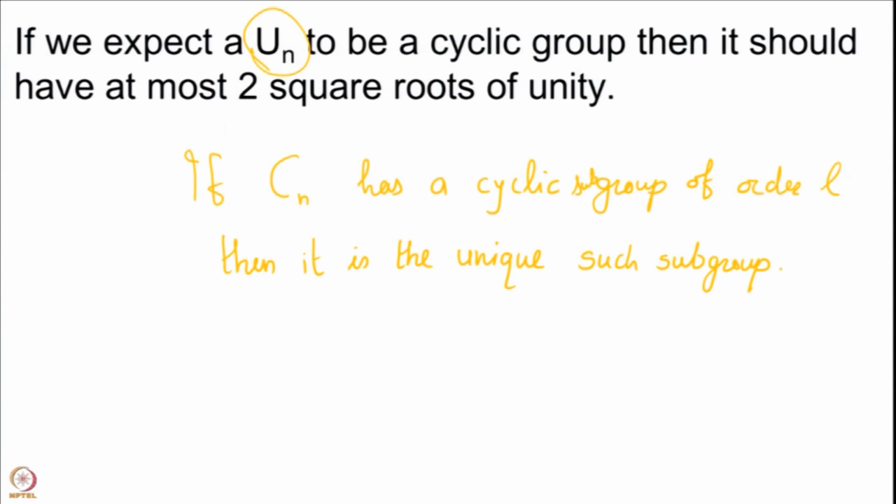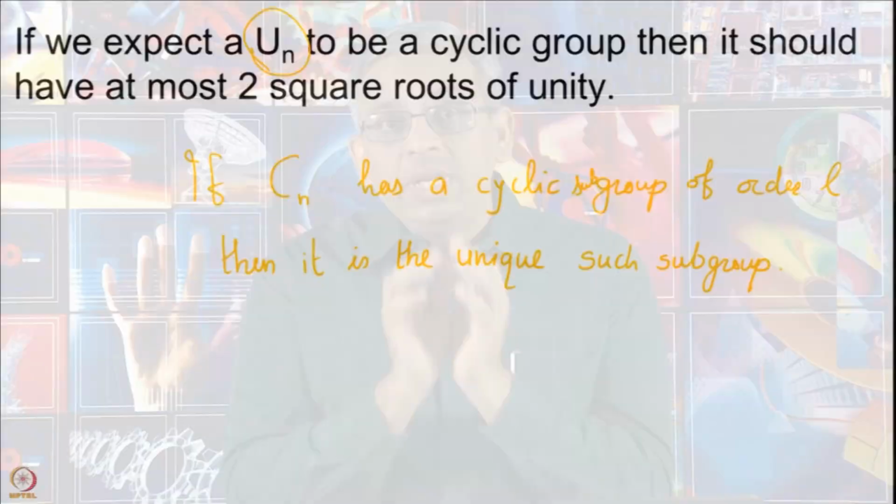But suppose we have a cyclic subgroup of Cn of order L, then there is only one such subgroup. You cannot have more than one such subgroup.